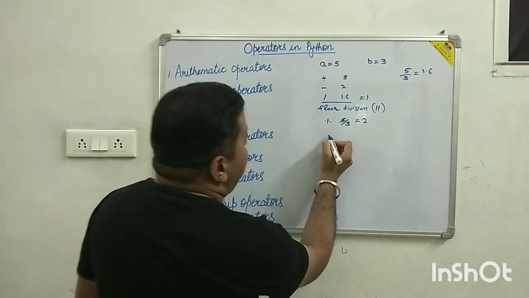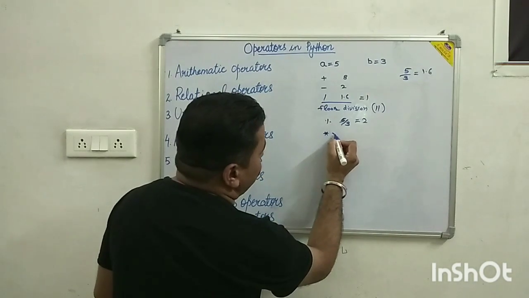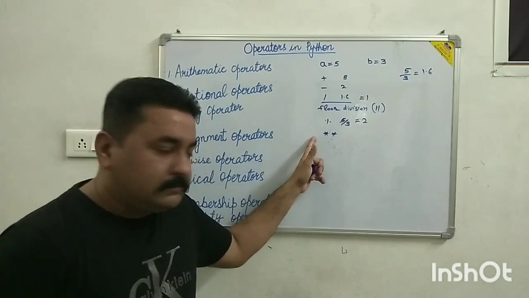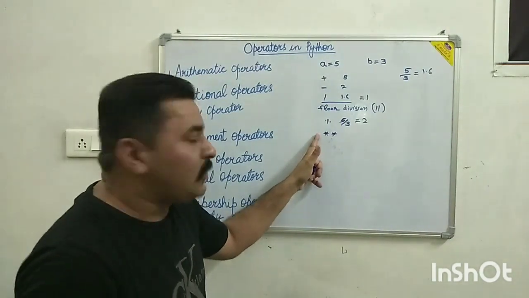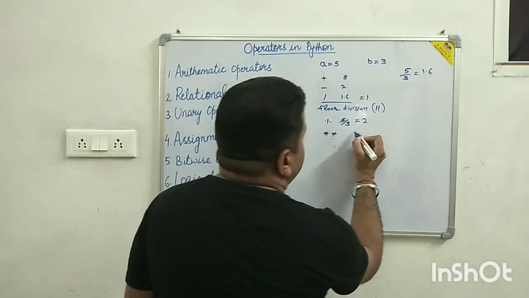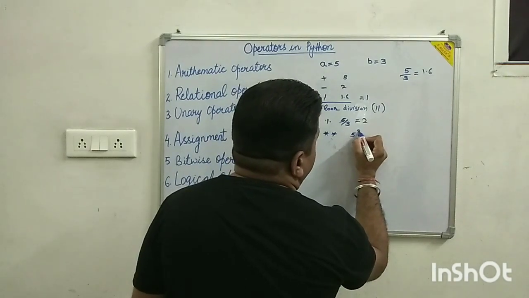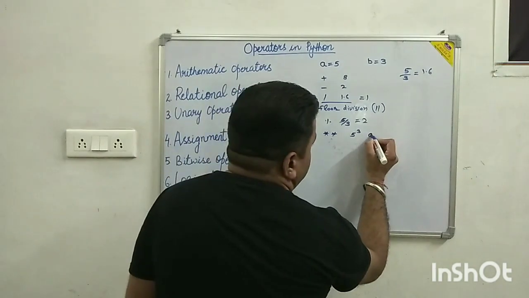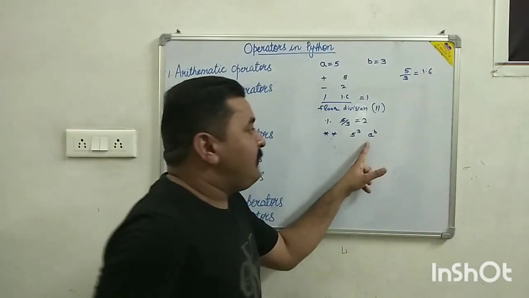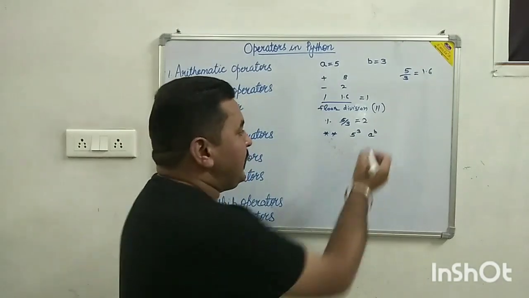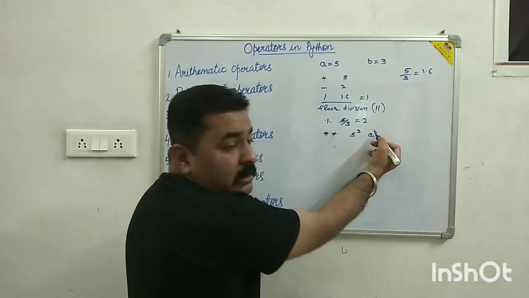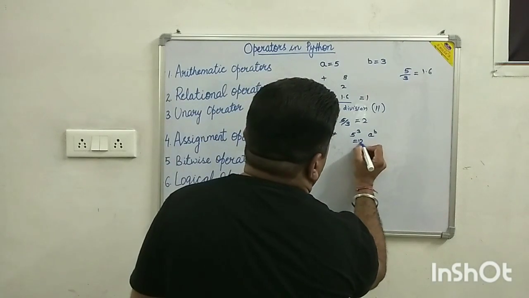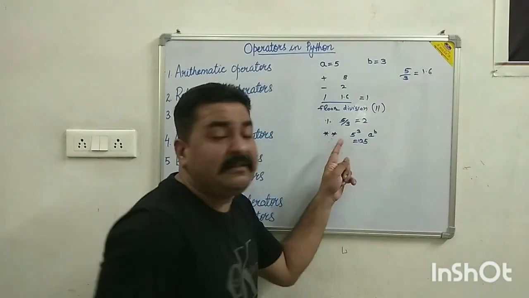We also have an exponential operator, that is, 2 stars. This is included in Python and is not in C language. That means we are getting the value of A to the power B. With A as 5 and B as 3, we get 125, because 5 into 5 into 5 is 125.